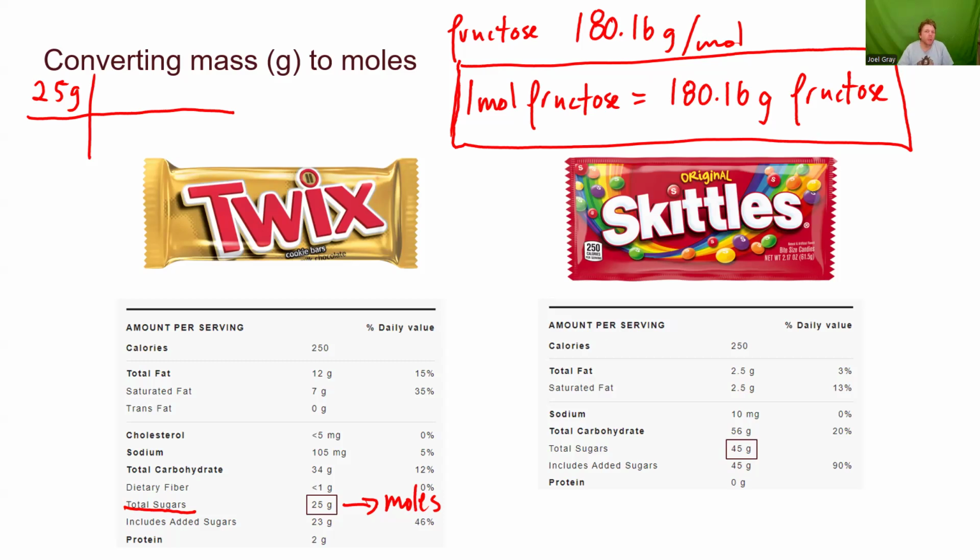What units do I want to end with for my calculation? And the question is, what am I trying to solve for? Well, I'm trying to solve for the number of moles of fructose. So I want to end with moles up top. So what that means is I'm going to write 1 mole fructose, and then on bottom, I'm going to write 180.16 grams of fructose.